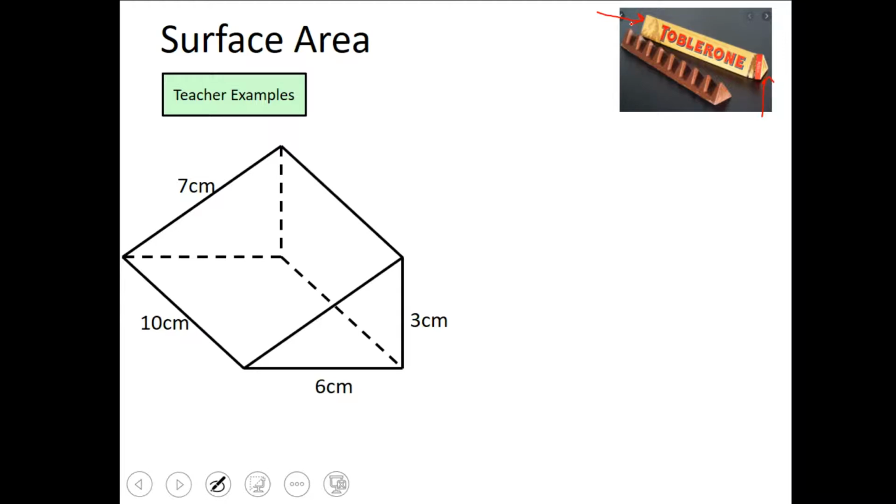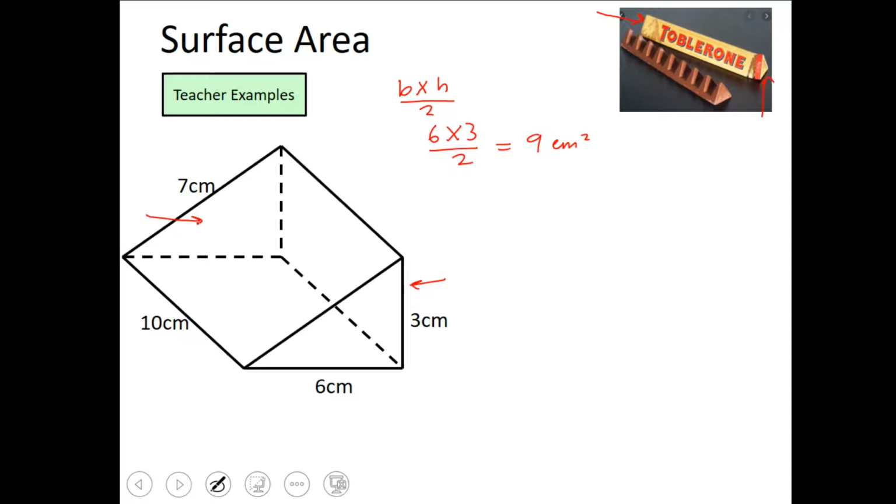So if we start off by working out the triangular face, if you remember, the area of a triangle is base times height divided by 2. So the base is 6, the height is 3, and if we divide it by 2, we end up with 9 centimeters squared. Like I just said, this triangle and the one on this side are exactly the same size.